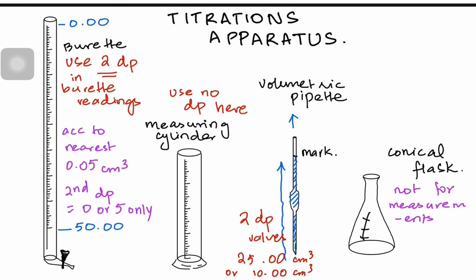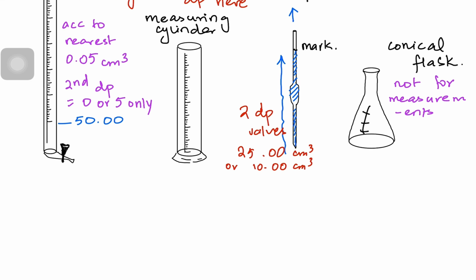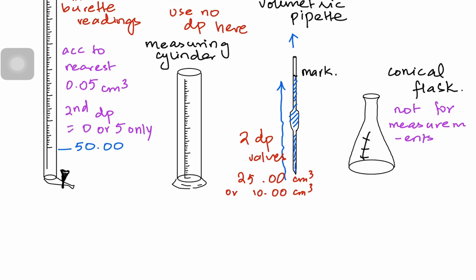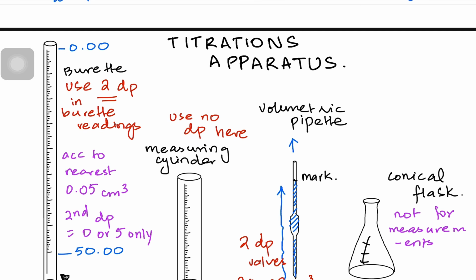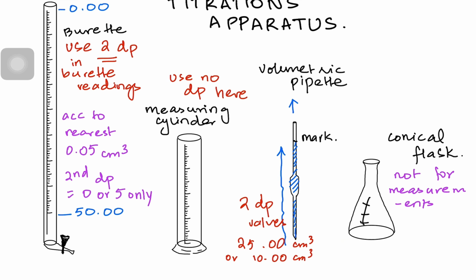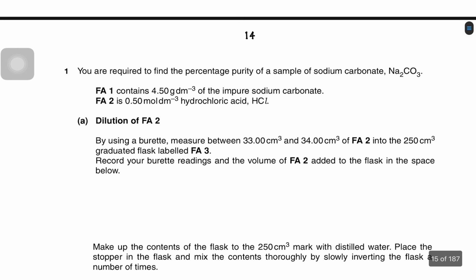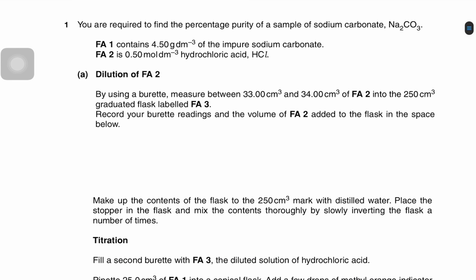Moving on to a titration question. The first thing that the titration question hints is always the name and the values of the chemicals. Let's look at this question.